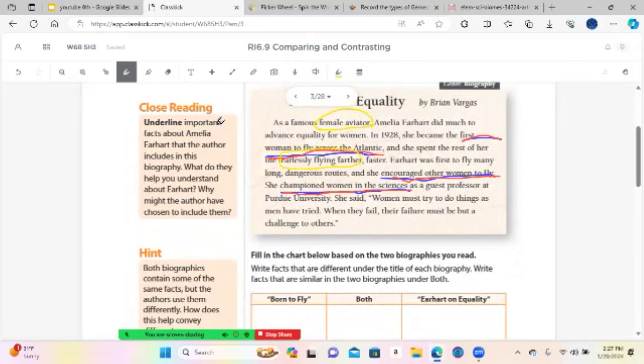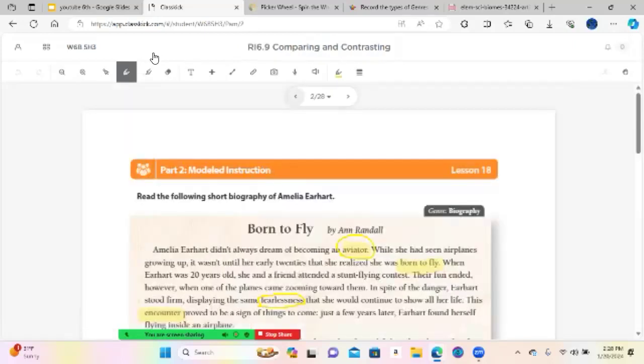And I think she also set records. Let's see. She set a record as the first woman to fly across the Atlantic. So that's one record. And I know they mentioned a record over here.